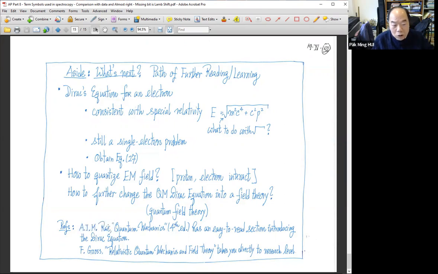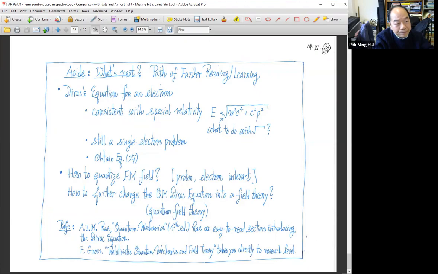And then for those who want a complete course on relativistic quantum mechanics and quantum field QED, this is a very readable book, but that is at the beginning postgraduate level, 600 pages or so. But if you understand 400 pages of them, you can actually do some calculation. There are many lines of equations in this book so that you can follow the calculation. Okay, that will take you directly to research level. That is as much as I will say about this further thing to learn.